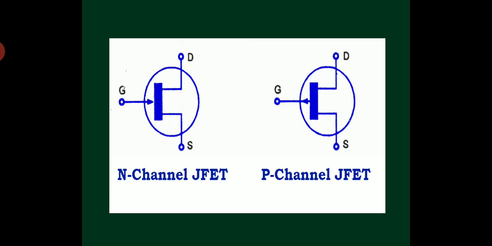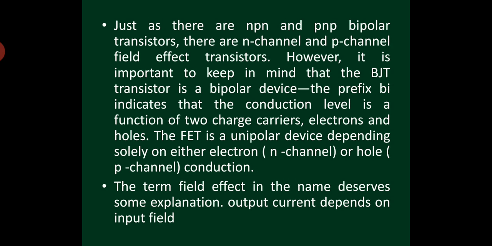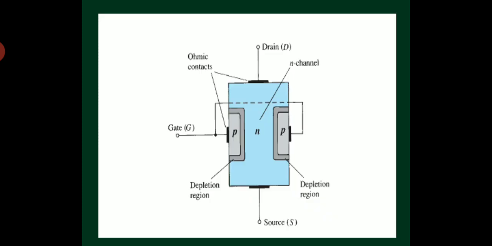The basic construction of N-channel JFET is shown here. You can see in this slide, right? So we can see this is N-channel JFET, right? Note that the major part of the structure is N-type material, which forms a channel between embedded layers of P-type material.